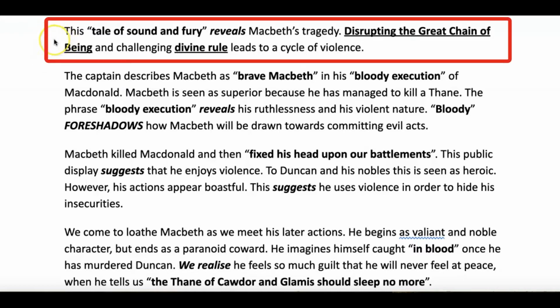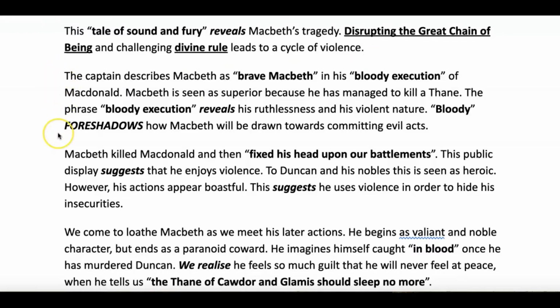"This tale of sound and fury reveals Macbeth's tragedy." So that's his first idea. "Disrupting the great chain of being and challenging divine rule leads to a cycle of violence." So the student has identified why Shakespeare is exploring violence: it's because of disrupting the great chain of being and assassinating the king.